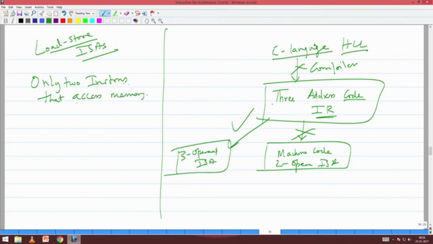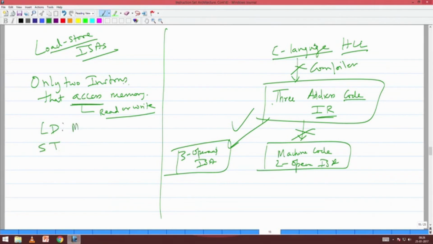In the annals of computer science, access essentially means read or write, okay. That is one single word for read or write. Only 2 instructions in the RISC load store ISA access memory: one is called load, another is called store.